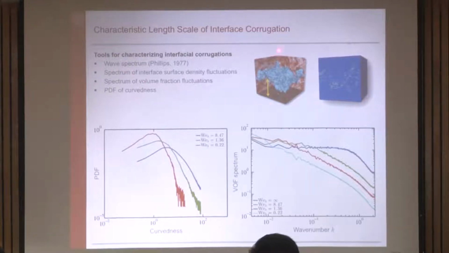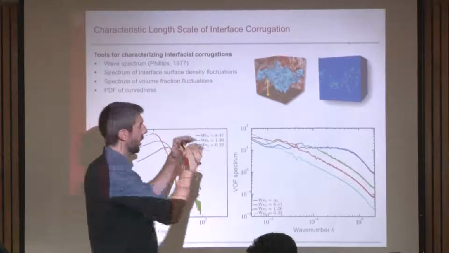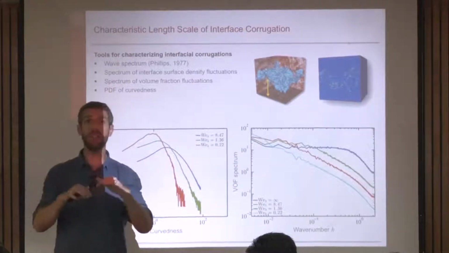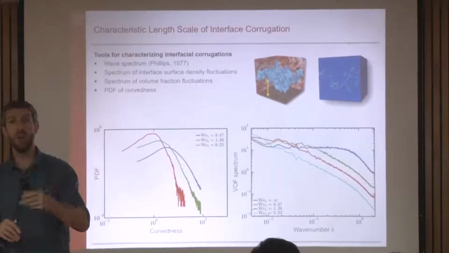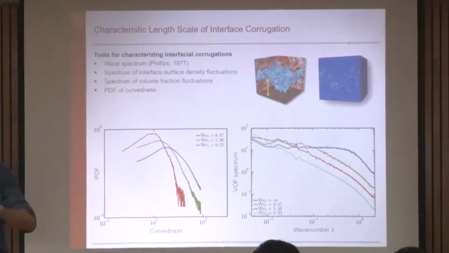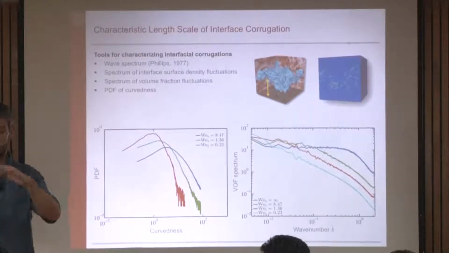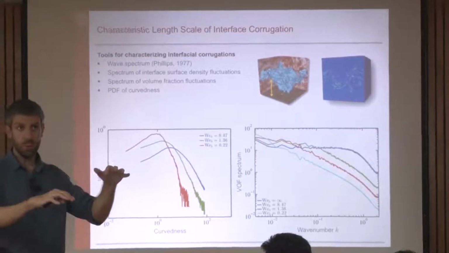One is a spectrum of wave height. So we're looking at the spectral content of the two-point correlations of the height displacement of the interface. What that means is we're looking at what are the length scales, what is the probability distribution of finding length scales in these interfacial displacements.